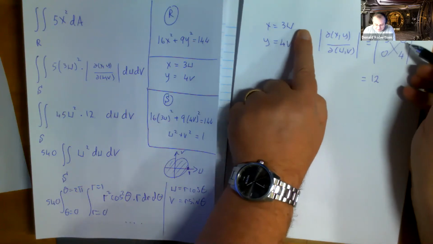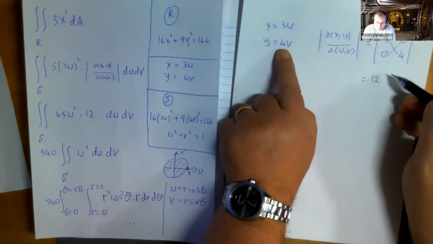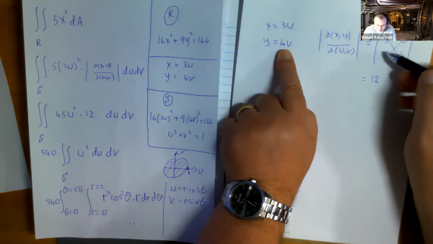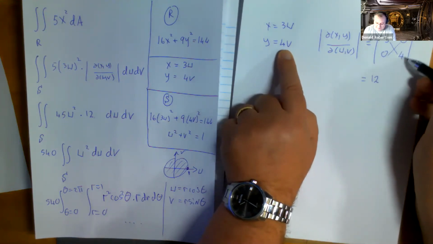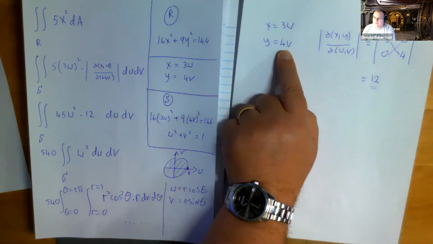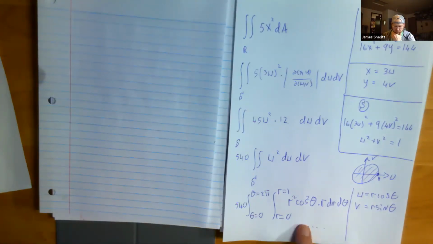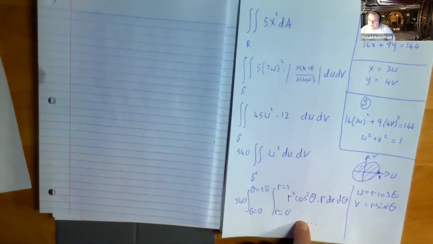Then you differentiate this with respect to v, there isn't any, so 0. Then you do this with respect to u, there isn't any, 0. And then this with respect to v gets you 4. And the major take away the minor gets me to 12. Thank you. Right. We're cool with that.